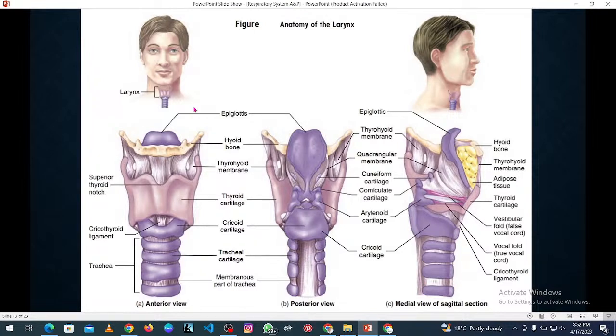When you look at it this way, we'll always see this front view, or the anterior view. When we look at it from the back of the neck, this is what we'll always see. When we look at it from the side of the neck and cut it, this is how we'll always see it.